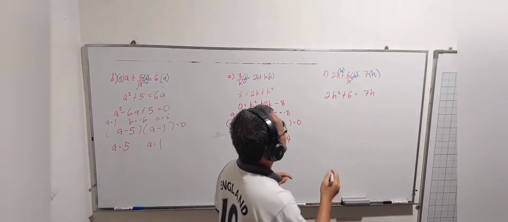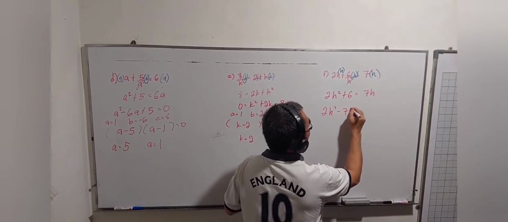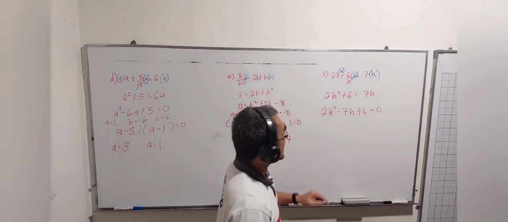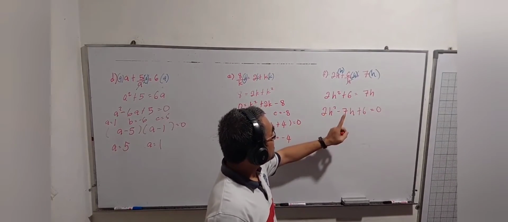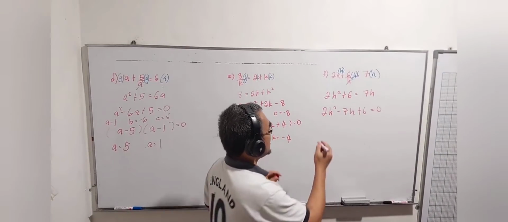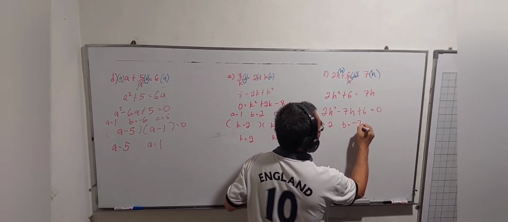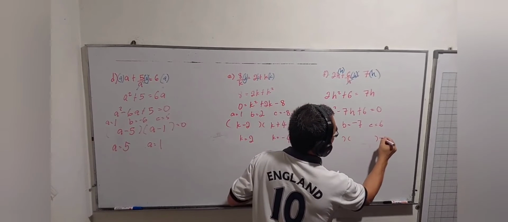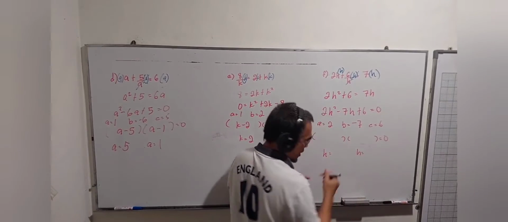And make it into general form, you rearrange also: 2h squared minus 7h plus 6 equals 0. Okay, you move 7h, put it in the middle because it's B. Okay, and then write down the value of A, which is 2, B is negative 7, and C equal to 6. Put two brackets, equal to 0, and write down H, the first H and the second H.